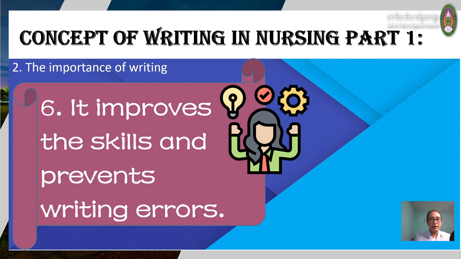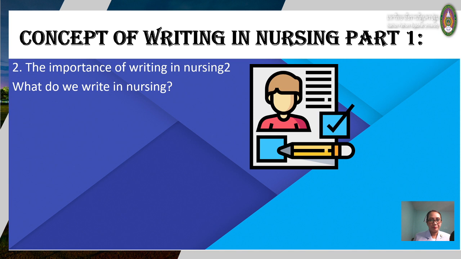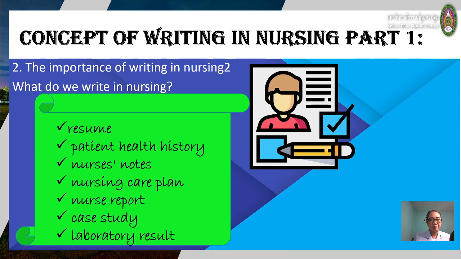Six, it improves skills and prevents writing errors. Writing is very important because it helps us nurses prevent errors that could cost even the life of your patient. So as nurses, what do we write in our nursing profession while we are attending to the needs of our patients in the hospital?